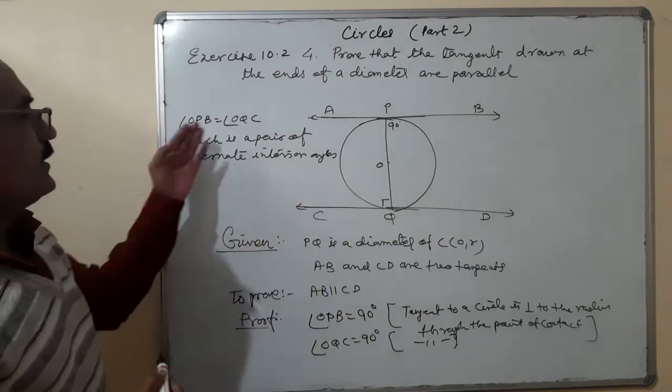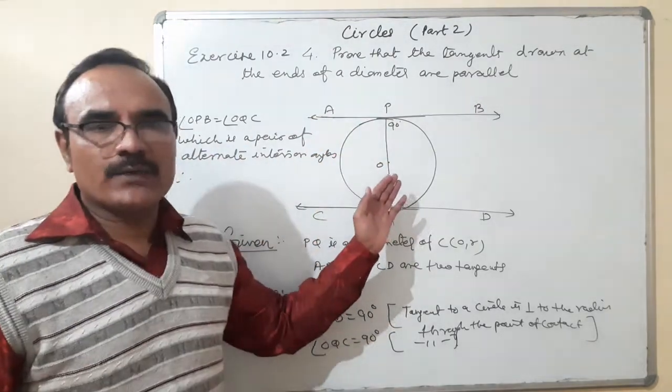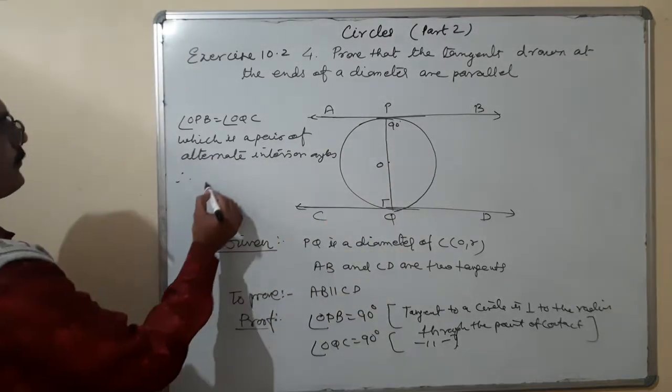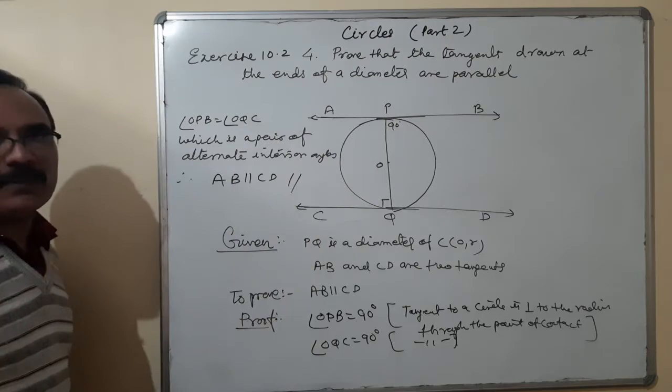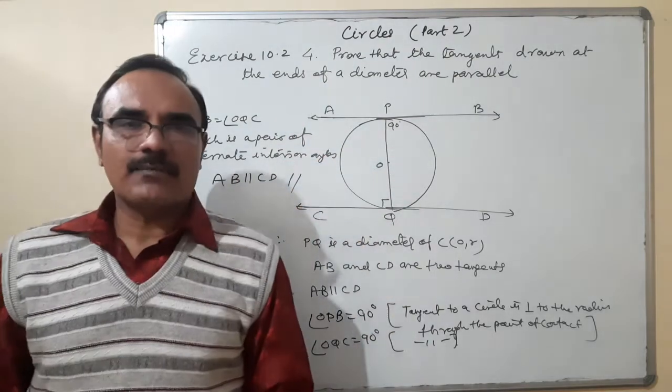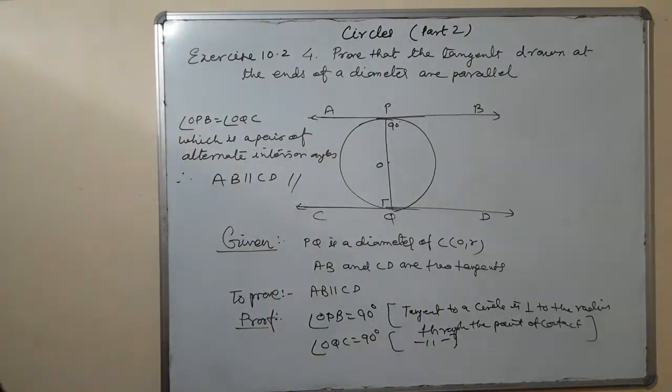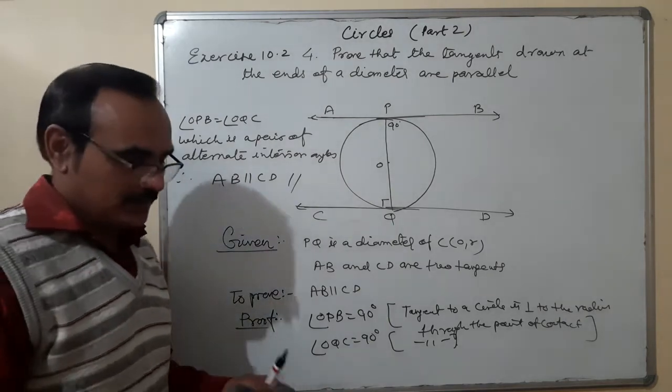And if alternate interior angles are equal, what does it mean? Lines are parallel. Therefore, AB is parallel to CD. Proved. So both the tangents are parallel if they are passing through the ends of the diameter.